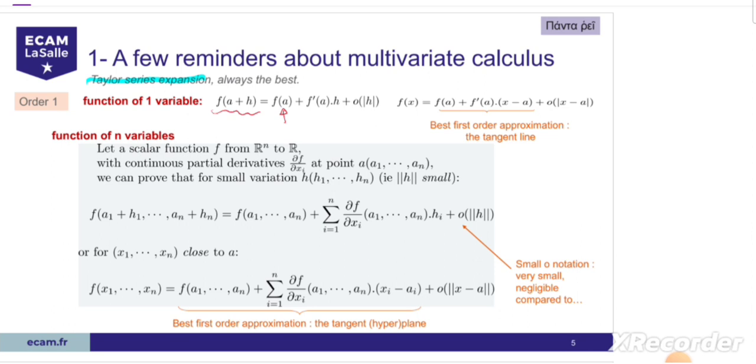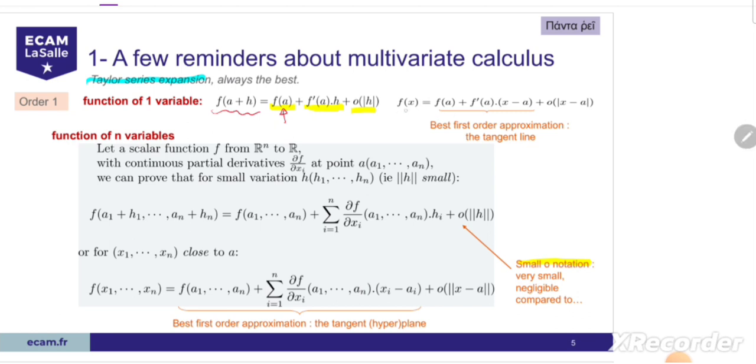So this value, when we are located very close to a, is going to be, well, the first approximation is going to be the value of your function at point a, and then we've got f prime at point a times the displacement h, plus some remainder, which is the small o notation, a very small, very negligible amount compared to what's preceding. Okay, so that's the idea of the Taylor expansion, at least first order.